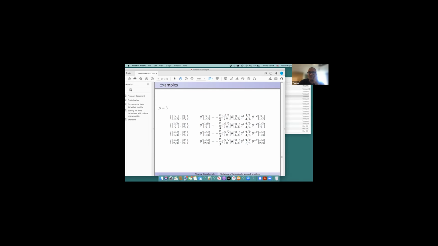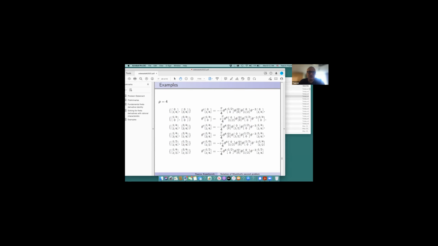So basically these are new relations. Theta prime 0 over 3 equals some characteristics, but you see here that you divide by theta to the -2. So you see this kind of relation here, and now we have a plethora of relations for 4. Now, why did we include these relations?